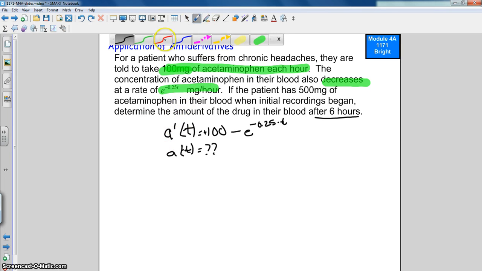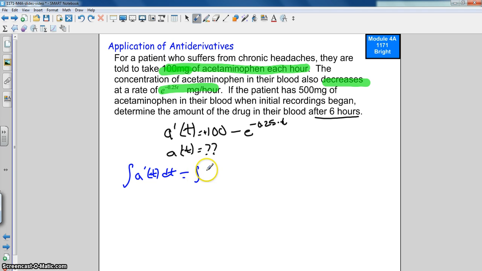So if I integrate A prime of t with respect to t, I can obtain my function. So this is going to be the integral of 100 minus e to the minus 0.25 t dt.